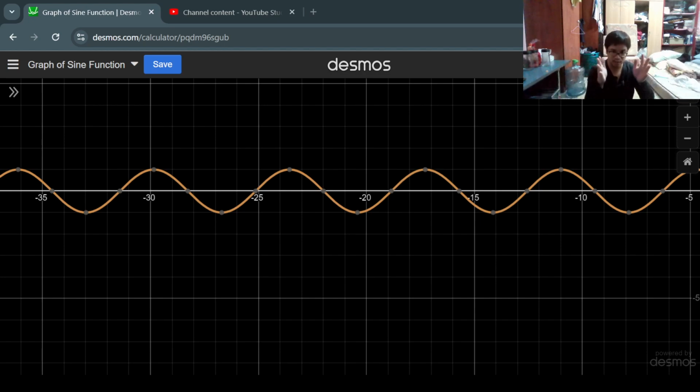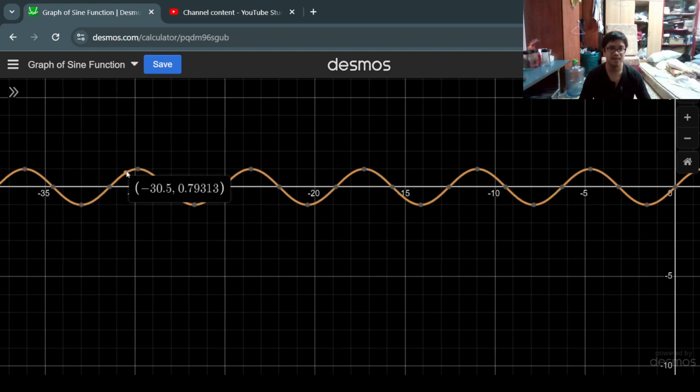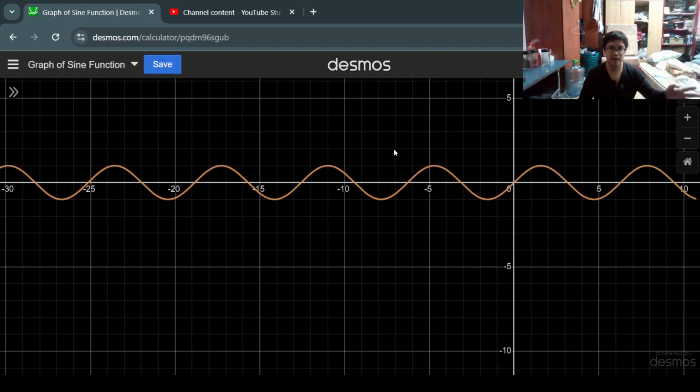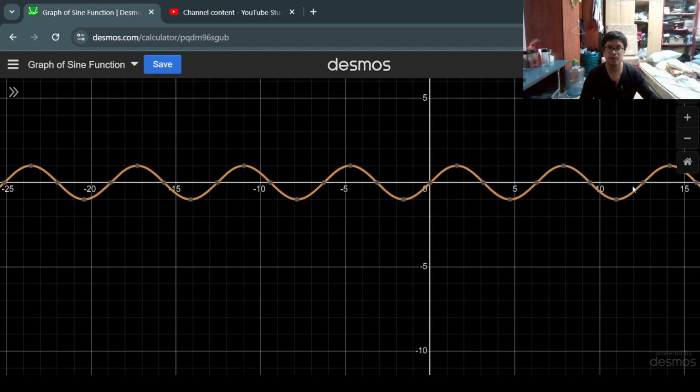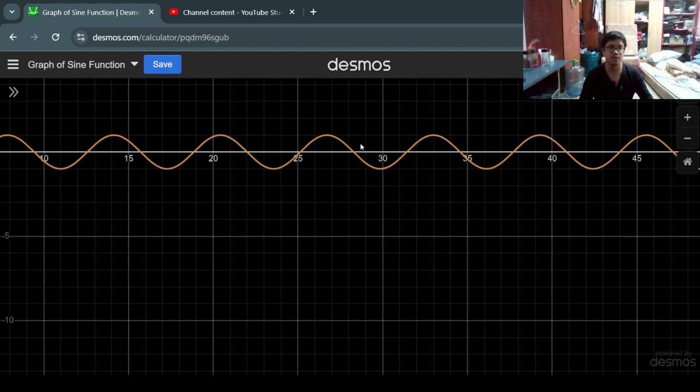Now combine them both together. The domain from the center to the left and the domain from the center to the right. Combine them together and let's take a look. From negative infinity, it goes forever and ever. And if we go to the right, on and on, it still goes on forever. You know what I mean?